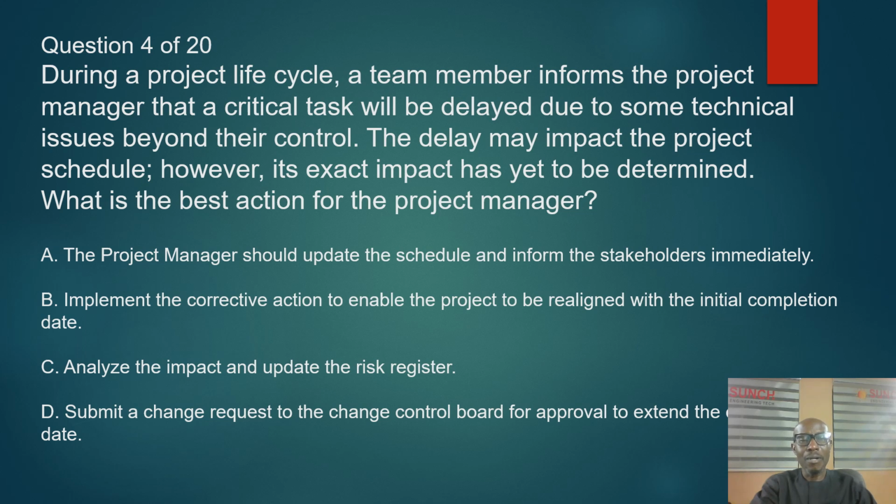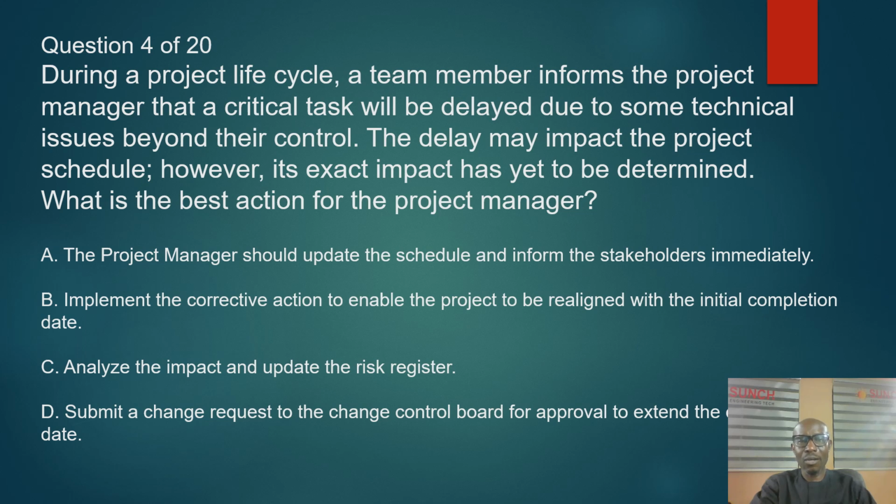B. Implement the corrective action to enable the project to be realigned with the initial completion date. C. Analyze the impacts and update the risk register. D. Submit a change request to the change control board for approval to extend the completion date. Okay, let's look at the question again.